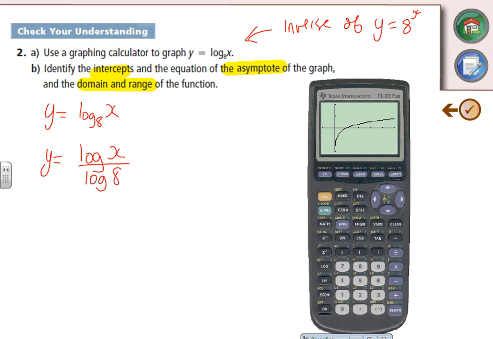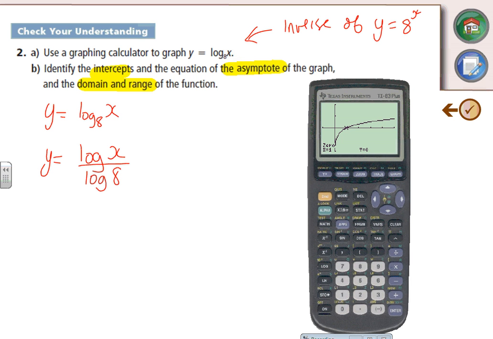So let's look at our intercepts now. Start with our x-intercept. Use our calculate feature. Let's find our zero. Go to the left side, going slow. There we go. Let's go to the right side. Good enough. And let's find it in between there. It's at 1.